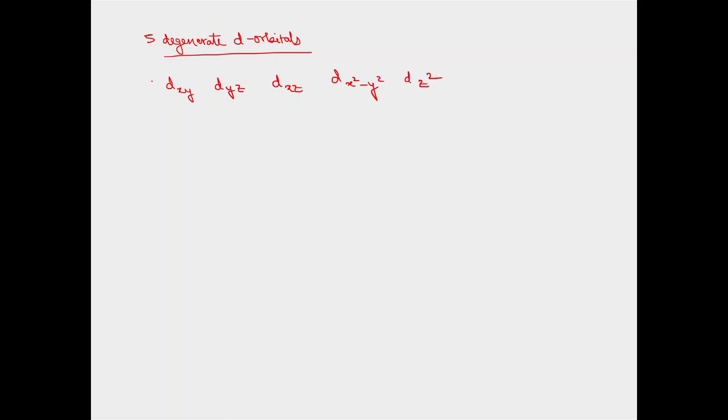If we consider this as the xy plane, then the dxy orbital is like this. If this is the yz plane, then dyz is this. If it's dxz, then this is x and this is z.